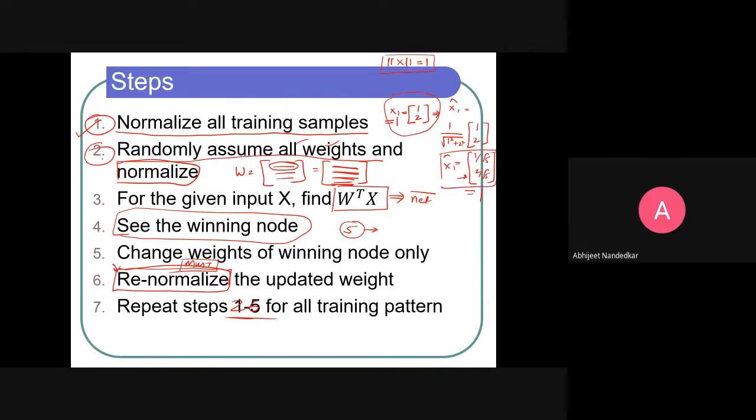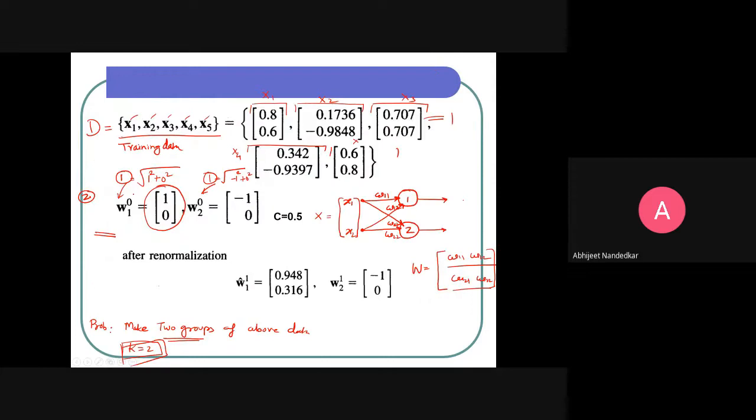So two steps are over now. The training samples are normalized, the assumed weights are already normalized. Now we have to take the first input and find out the corresponding output for your neurons. Okay.